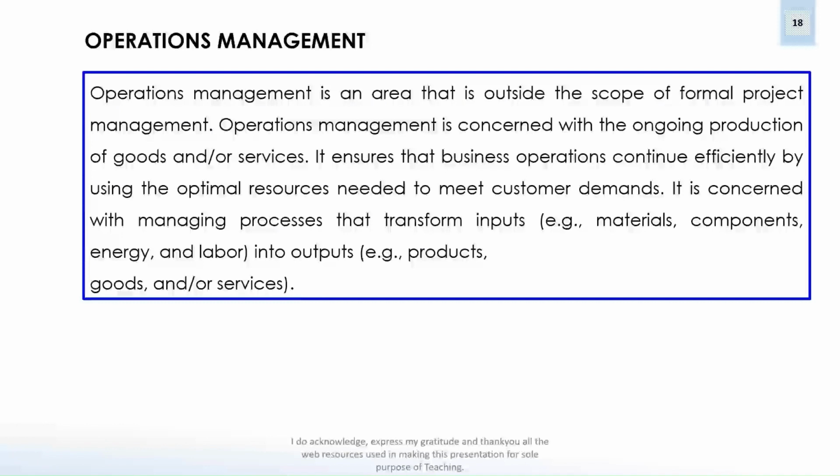It is concerned with managing processes that transform inputs into outputs. I need not elaborate more about it. This is very simple. Operation management is running the existing operations, converting input into the output, products and services.